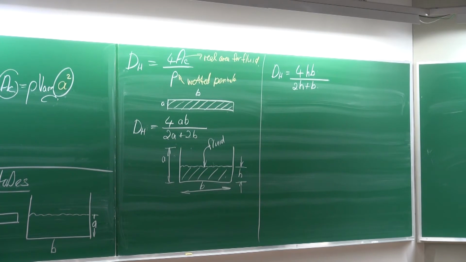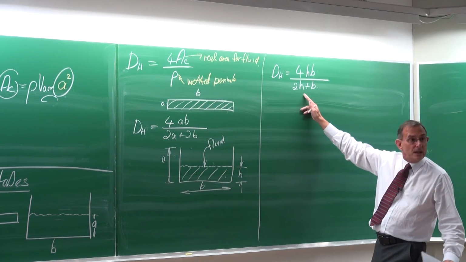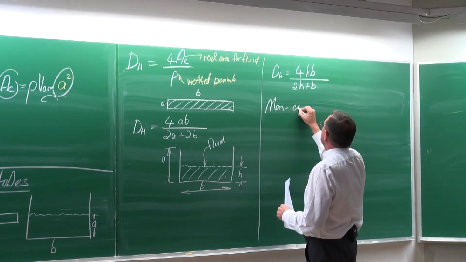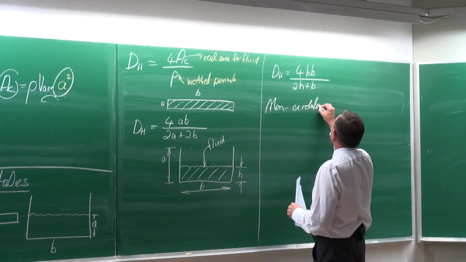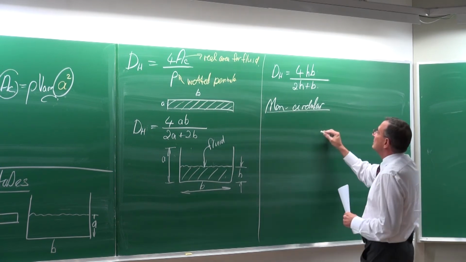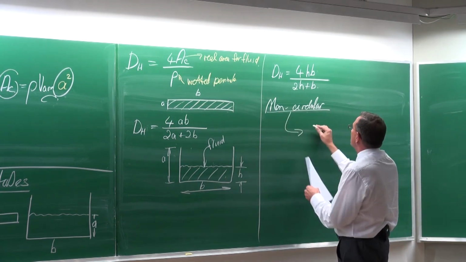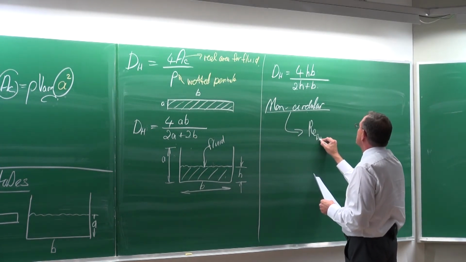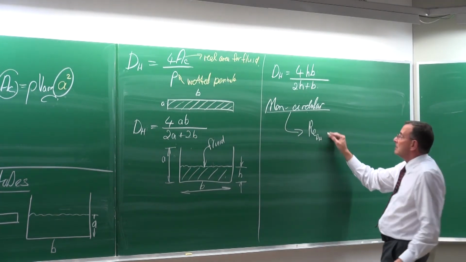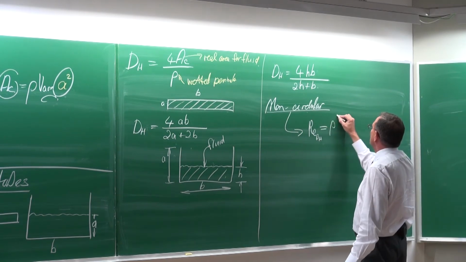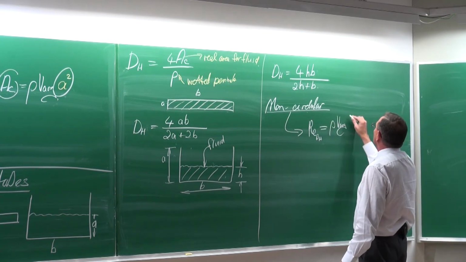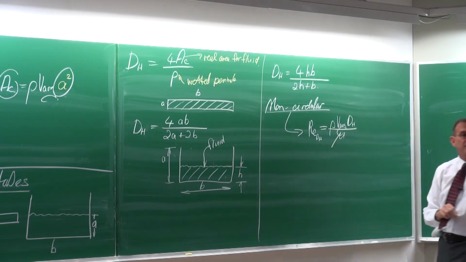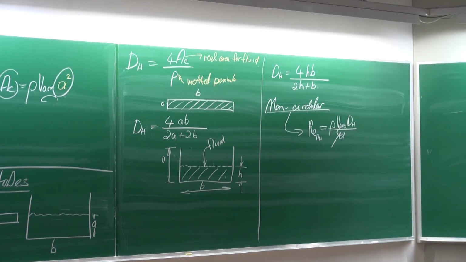That's easy. Why is this hydraulic diameter important? Because we are busy with non-circular types of geometries. So for non-circular, we always work with the Reynolds number based on the hydraulic diameter, which is then equal to rho V average multiplied by dH, which is the hydraulic diameter, divided by the viscosity.